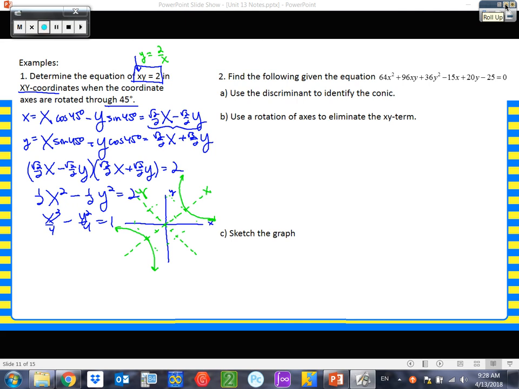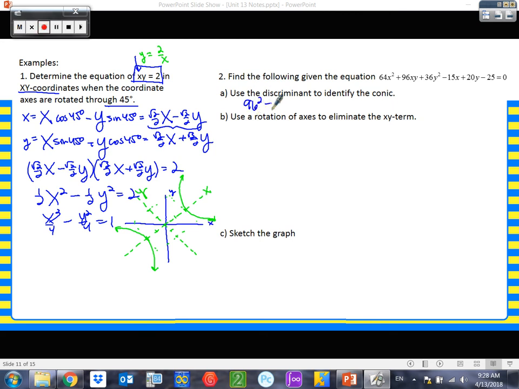Let's just start easy. We're going to use the discriminant to identify. So it's b squared, so 96 squared minus 4 times A times C. And we would multiply all that together and subtract, and we actually get 0. So this is going to be a parabola.